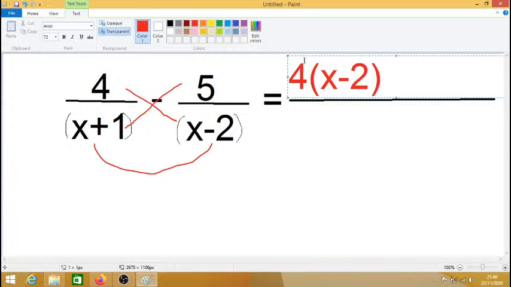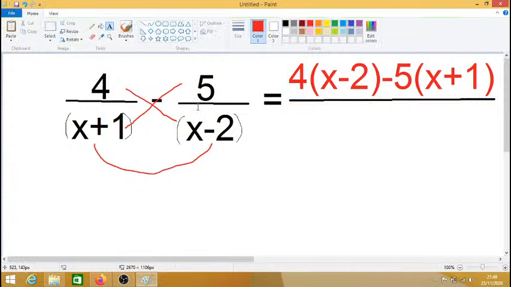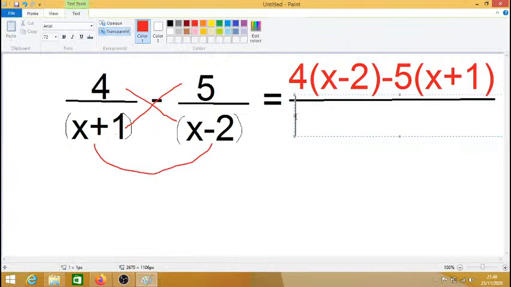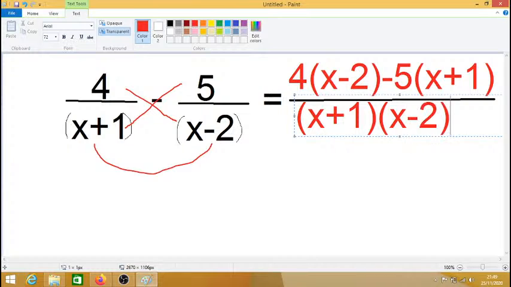Then it's minus because there's a minus in the middle. And then the cross is telling us to do 5 times the x plus 1. That's the cross done. And now the smile is x plus 1 times x minus 2, which can just be written like that.